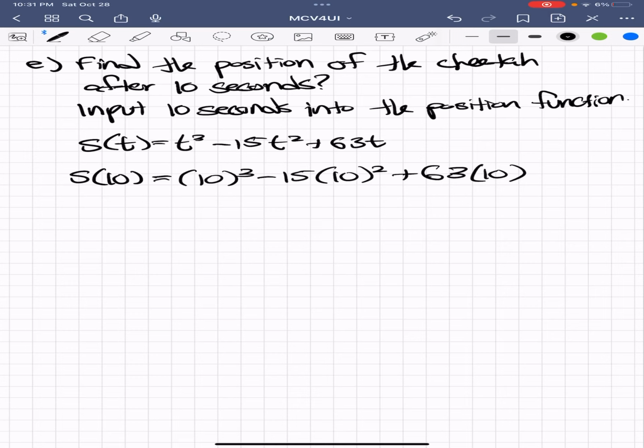So we're going to jam those numbers into our calculator here. 10 to the power of 3 minus 15, 10 to the power of 2. And the position of the cheetah after 10 seconds, or at 10 seconds, is 130 meters.